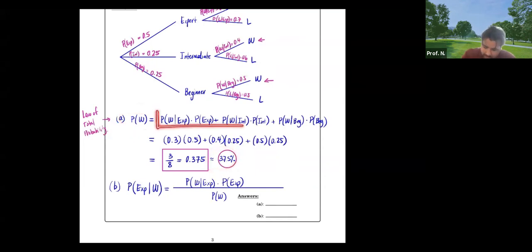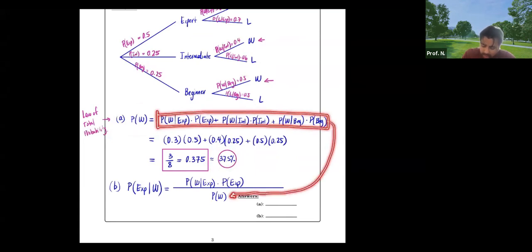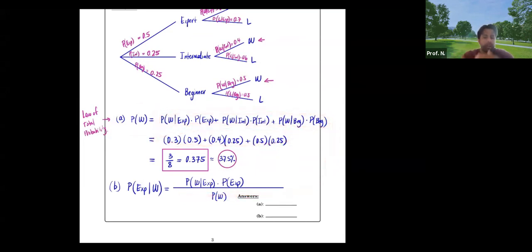I already found what the probability of me winning is. It's this entire thing. Normally, you would write this out over here and plug it in here and make this computation in one fell swoop. But we did it in two parts. So I already did the denominator. I already used half of Bayes' formula, which is the law of total probability. So all I have to do now is plug in the numerator, which I also already know how to write, because the probability of me winning given an expert is 0.3, and the probability of me playing an expert is 0.5.